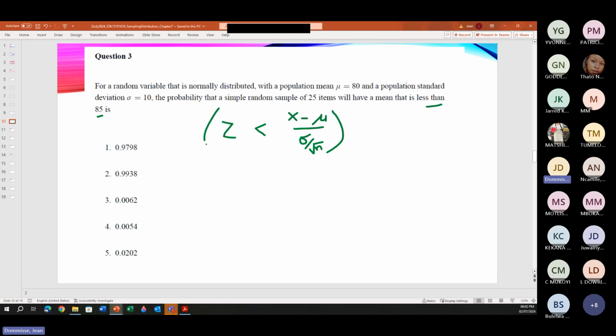So that is what we want to work out. We want to work out the probability that your z is smaller than the x minus the mean divided by the standard error. So here we have, they say less than 85. We know that the mean was 80.